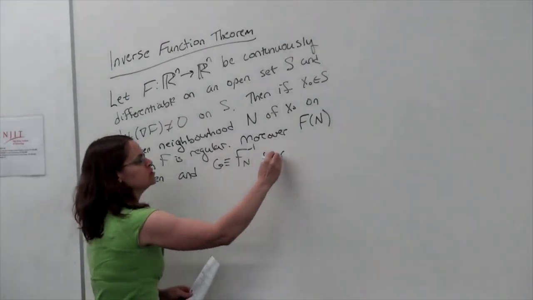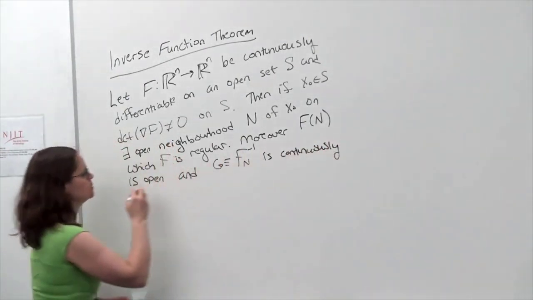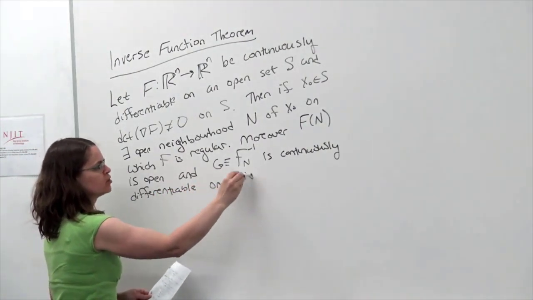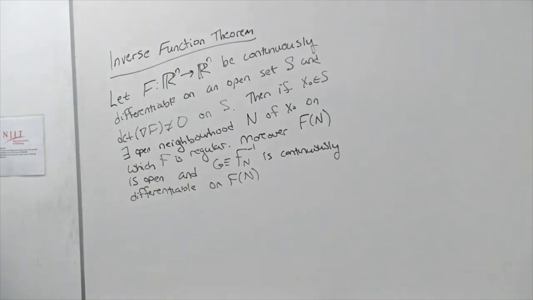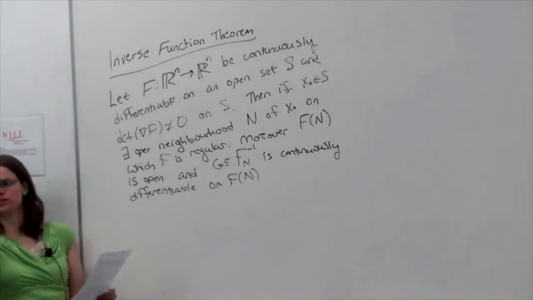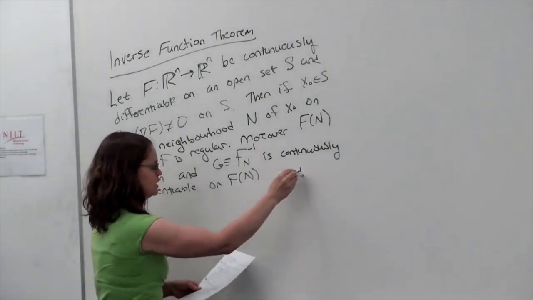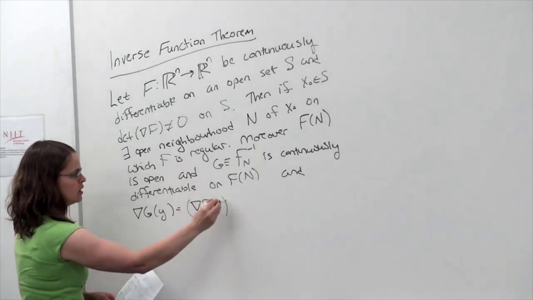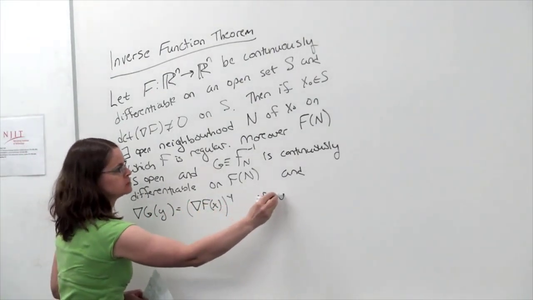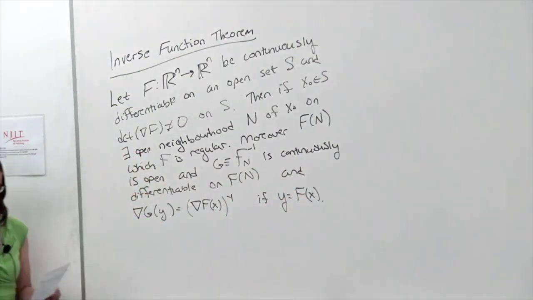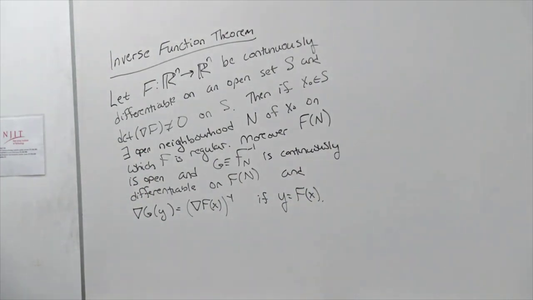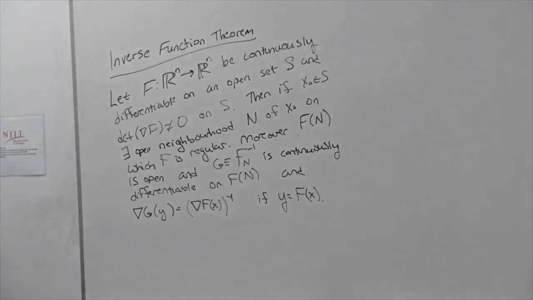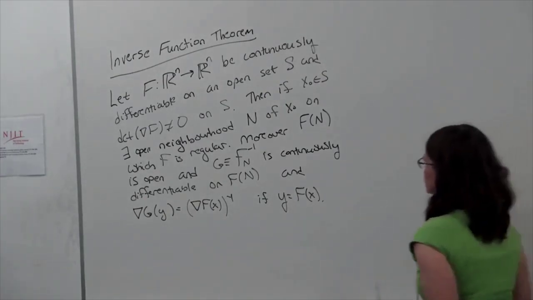It's also continuously differentiable on its domain, which is f of N. And of course, g takes us back to the original set N. And we could write down an expression for the Jacobian. It was just the inverse of our original Jacobian. So it's a lot to write, but this is what we convinced ourselves last time might be a reasonable thing to take on.